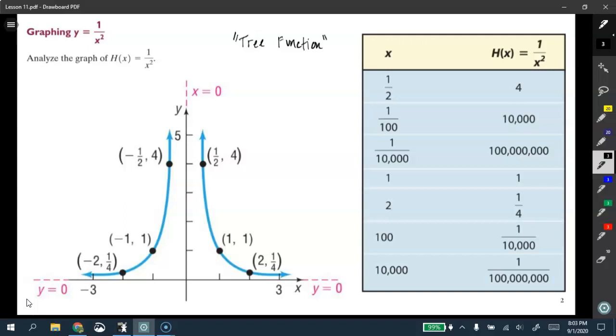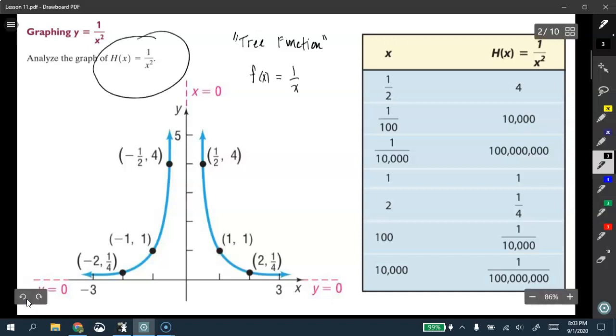You have a function similar to 1 over x. In the previous page, we talked about 1 over x looking like a function on both ends of the graph. Now we study something called h of x, and that's just the name we chose, and that's 1 over x squared.